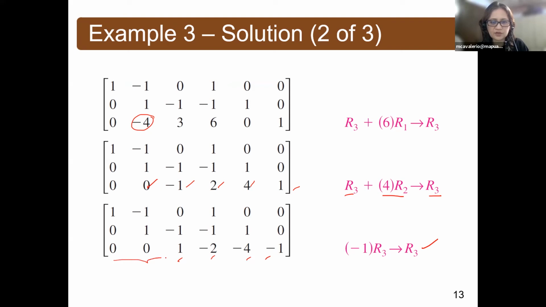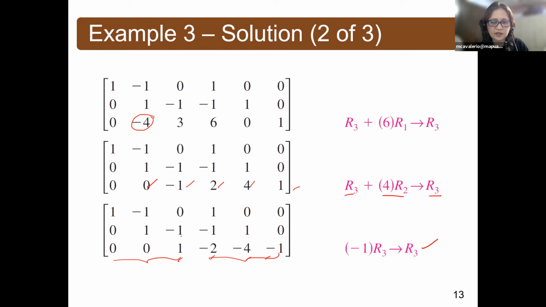Remember that this used to be our A, and this used to be our I, and notice that the left side is already in row echelon form. So proceeding with the backward phase of the Gauss-Jordan elimination, we can convert this to 0 as well as this one.